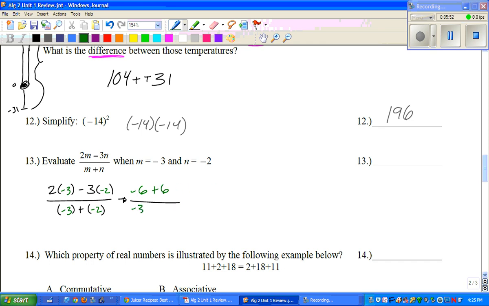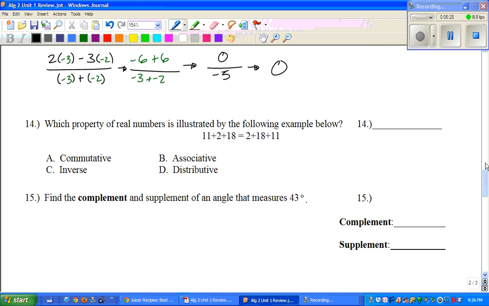And on the bottom, you just need to add those numbers up. So on the top, negative 6 plus 6 gives us 0. And on the bottom, negative 3 plus negative 2 is negative 5. Now, don't just rush and put this as your answer, because we can actually simplify this. 0 over negative 5, when you break that down, you get an answer of 0. And let's actually make that look like a 0.